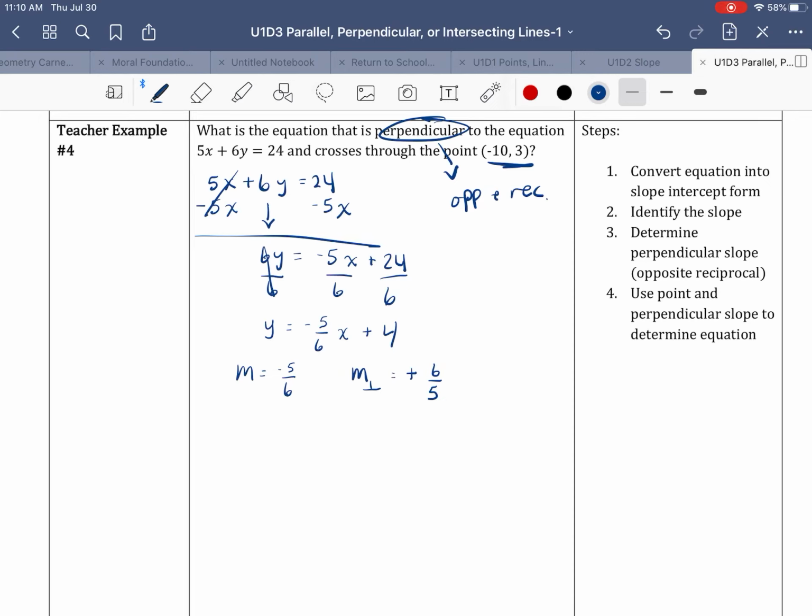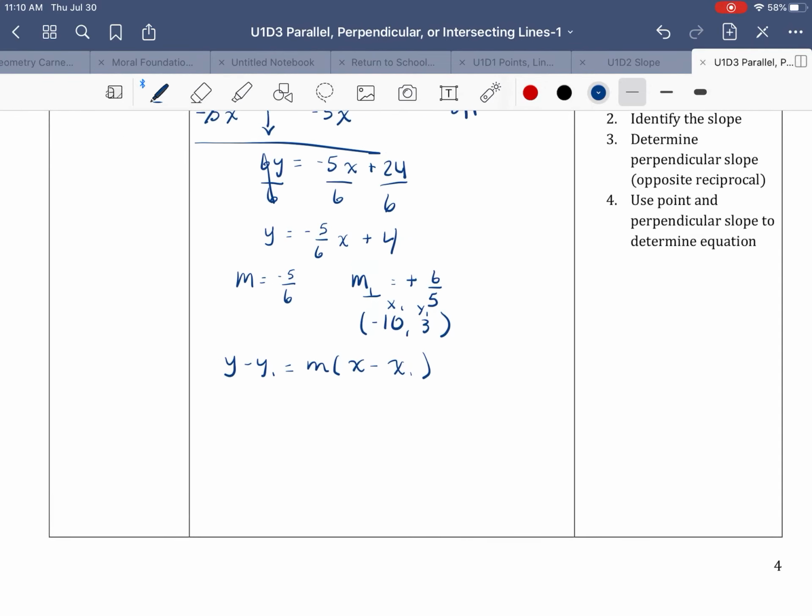Now I also know that I want it to go through the point -10, 3, x1, y1. Then we can use that same form as before, our point slope form, and plug in our given values. So y minus 3 equals 6/5 x minus -10.